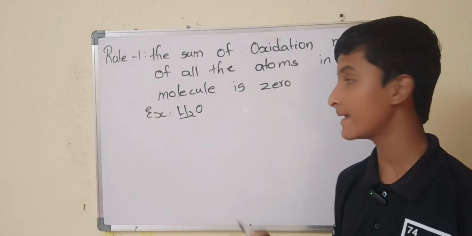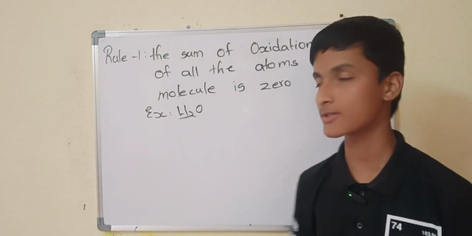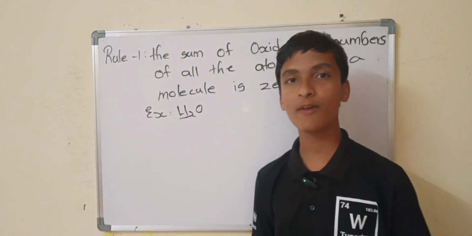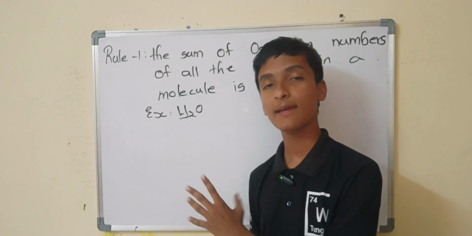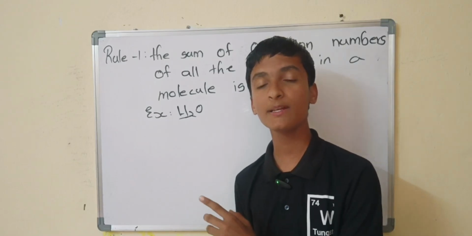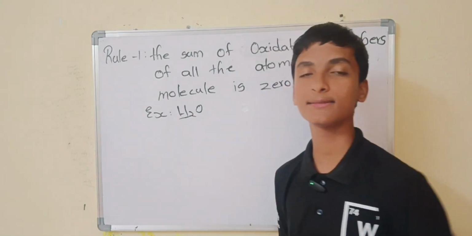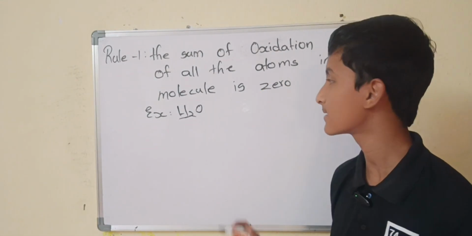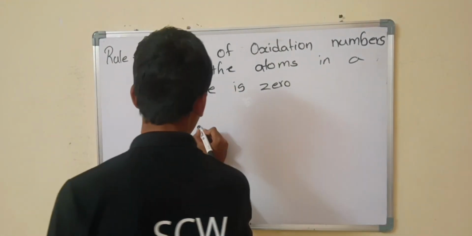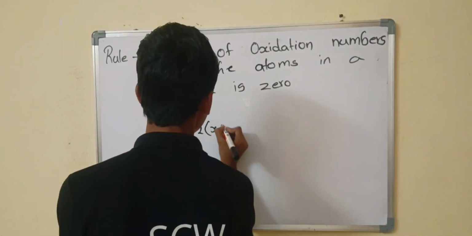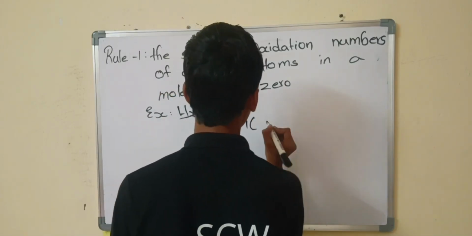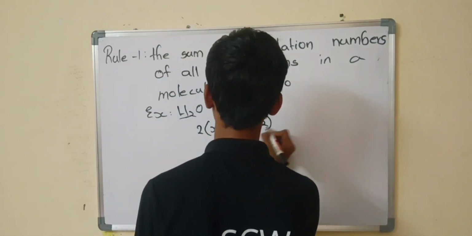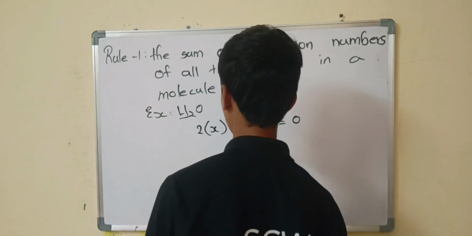If we are finding the oxidation number of an element, we consider that element as X. Now, 2 into X plus 1 into minus 2 is equal to 0.